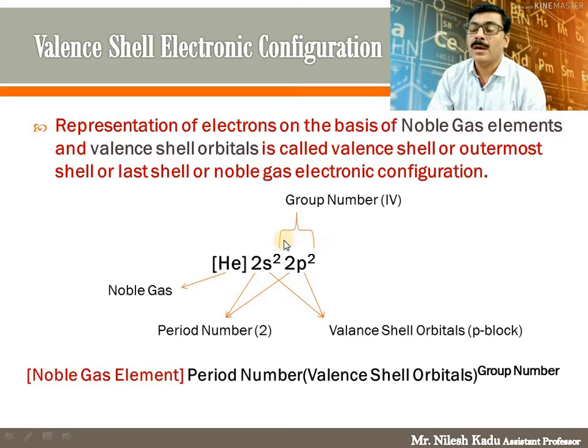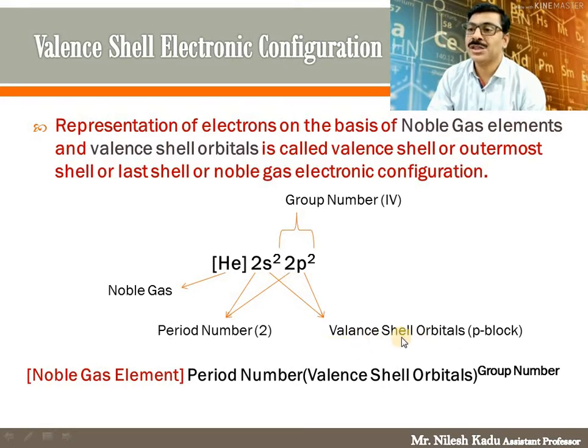Now let us see the valence shell electronic configuration of carbon atom. First I have to mention the noble gas in square bracket, that is helium, and then the representation of electrons on valence shell orbital.